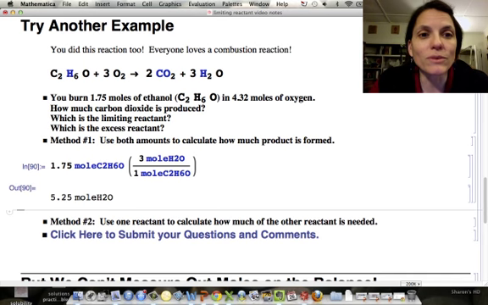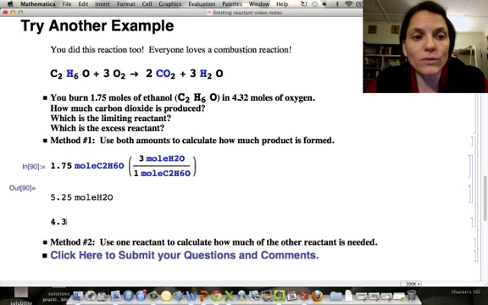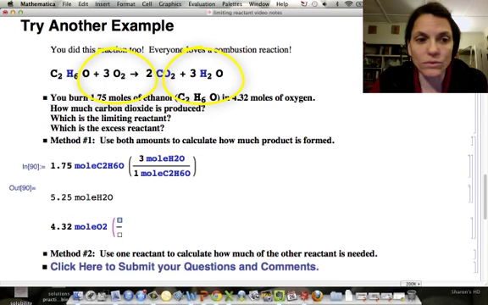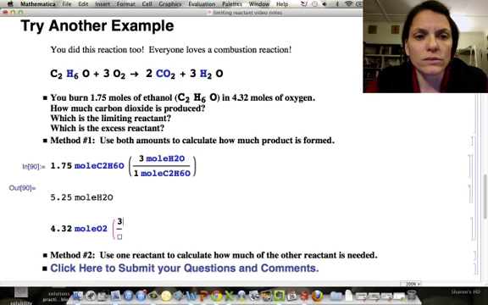Well, let's see what happens with the oxygen. We have 4.32 moles of O2. And let's do our mole ratio. 3 moles of H2O, and, ooh, it's a 3-to-3, O2.